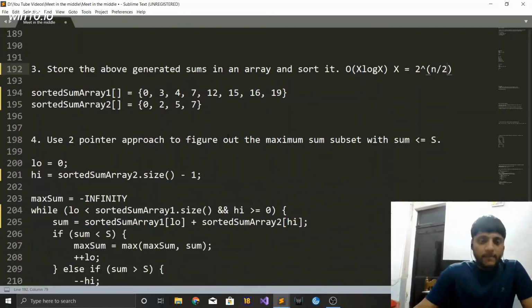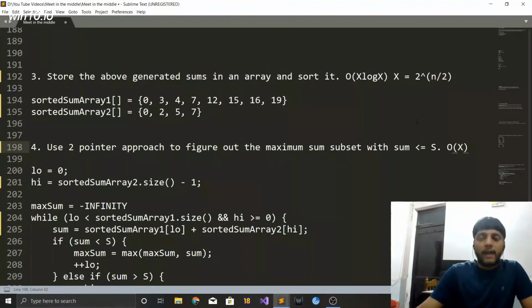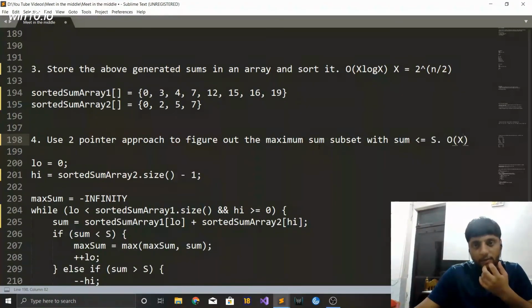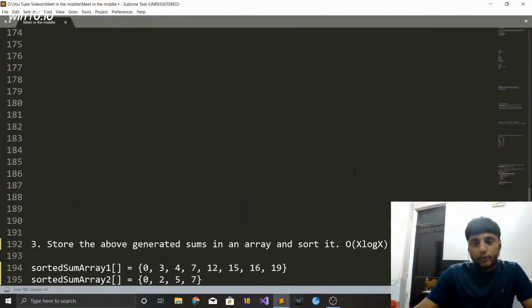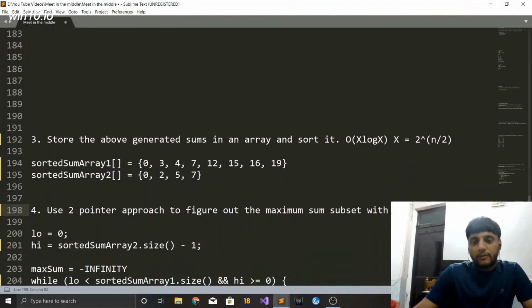And this step where we are doing two pointer, it's like a linear step. So again, this is order x. So to get the eventual time complexity, you have to add all this. So your time complexity would be something like this: order of 2 raised to power n by 2 plus 1 plus order of 2 raised to power n by 2 log 2 raised to power n by 2 plus order of 2 raised to power n by 2.